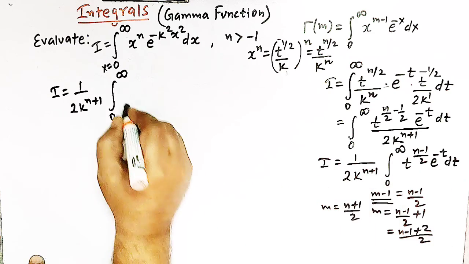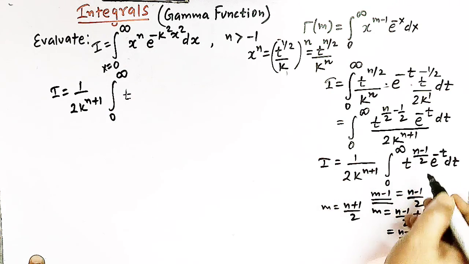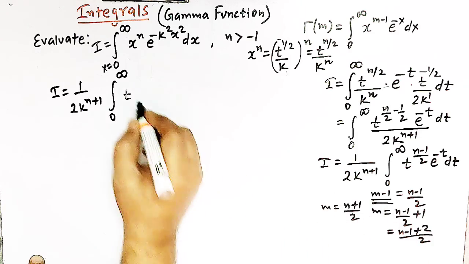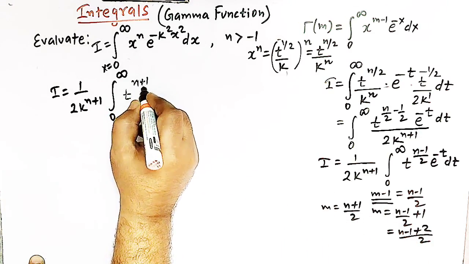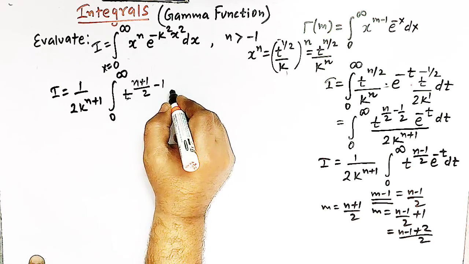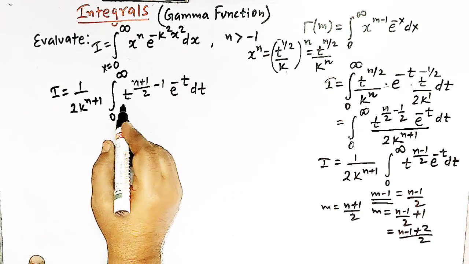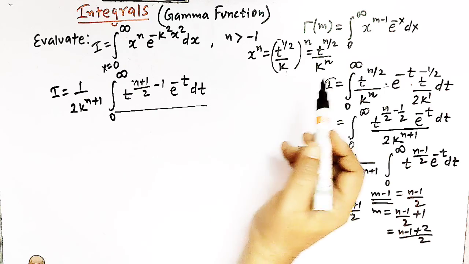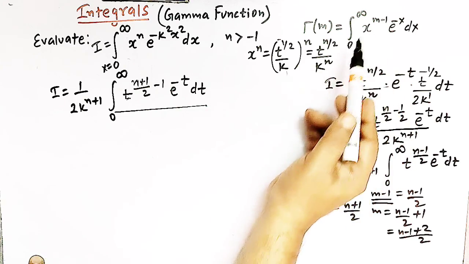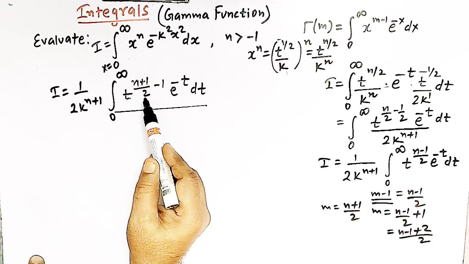So we can now write t raised to (n minus 1) over 2 as m minus 1, that is, (n plus 1) over 2 minus 1, and e raised to minus t dt. So now this integral is of this form, where m is (n plus 1) over 2.